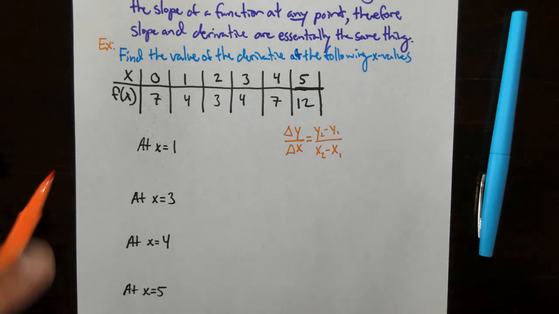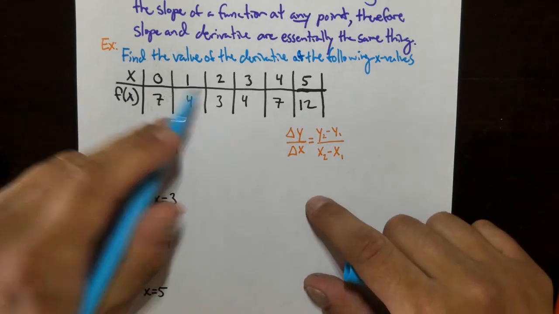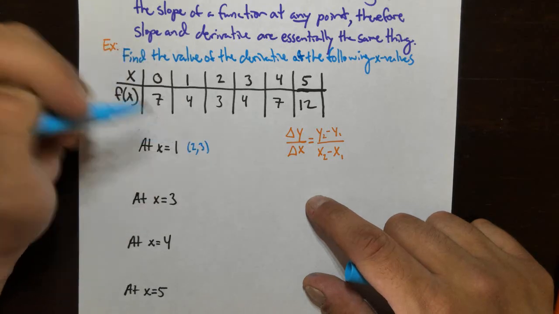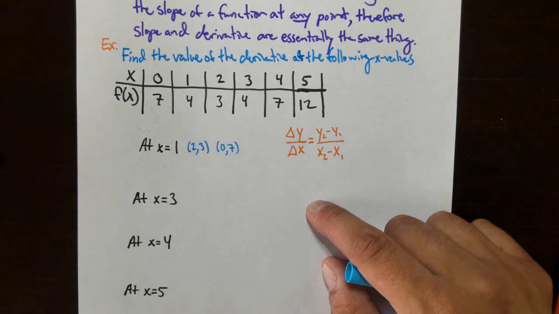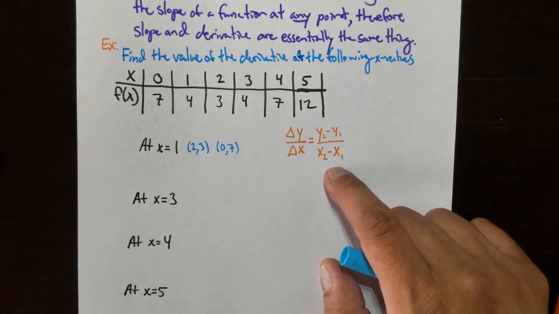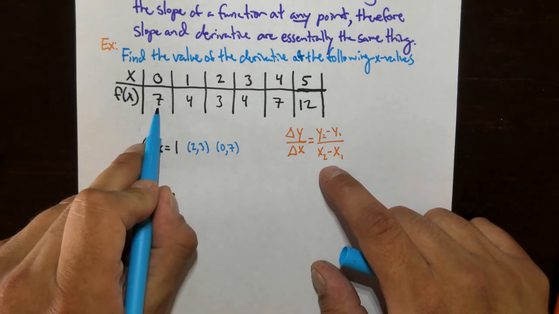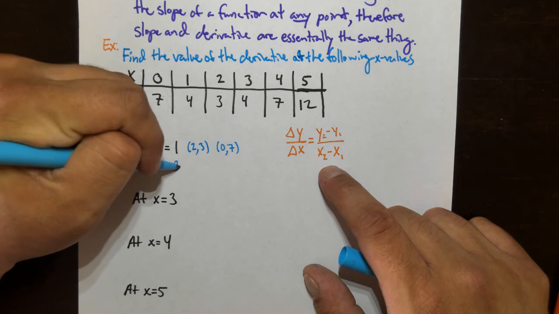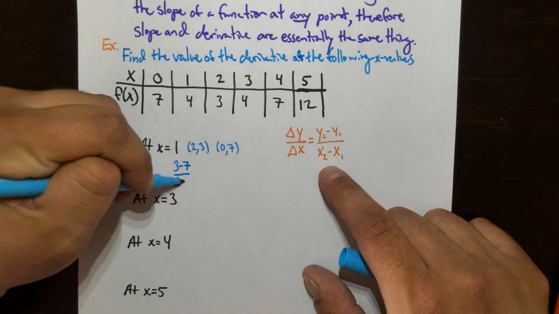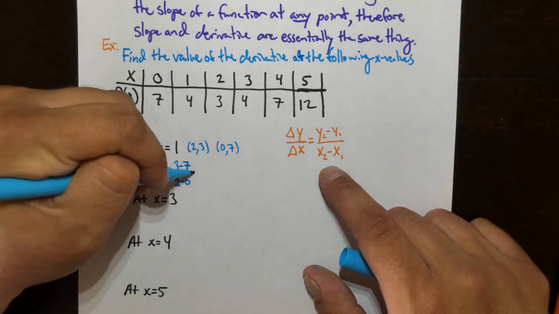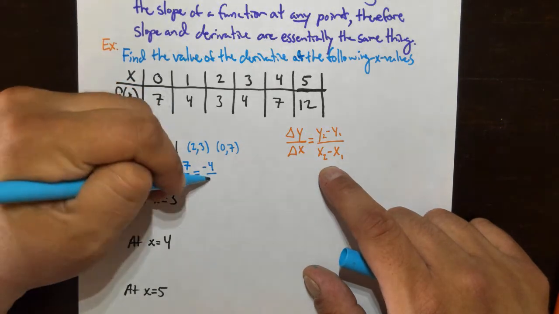So if I'm looking at x equals 1, I want to look at the point 2, 3, and I want to look at the point 0, 7, and I'm going to plug it right into my slope formula to find the slope. So the change in y, 3 minus 7, over 2 minus 0. 3 minus 7 is negative 4. 2 minus 0 is 2.